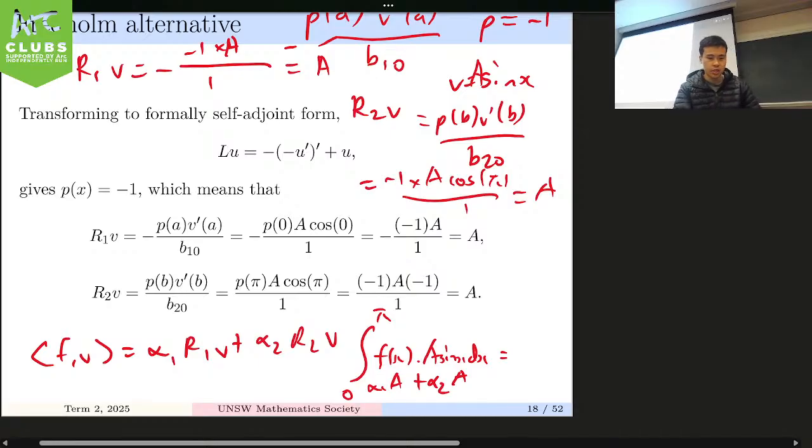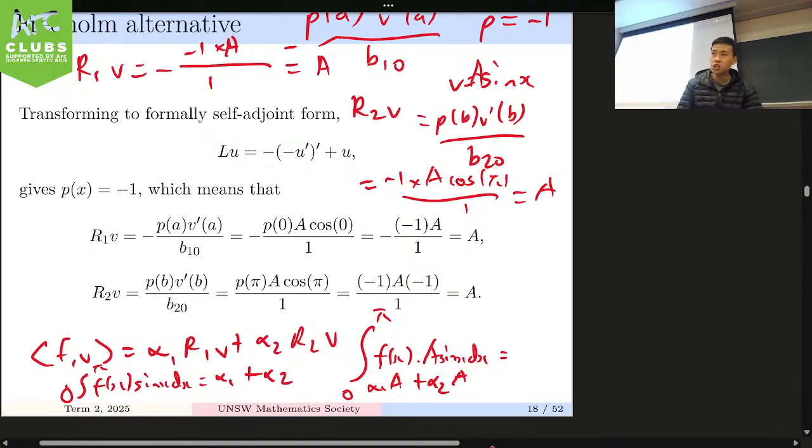What we can notice from here is, assuming A is not 0, we can just divide by A. So this A is gone, these A's are also gone, and what we have remaining is just this. And that's essentially it. This is the condition that will guarantee we get a unique solution.